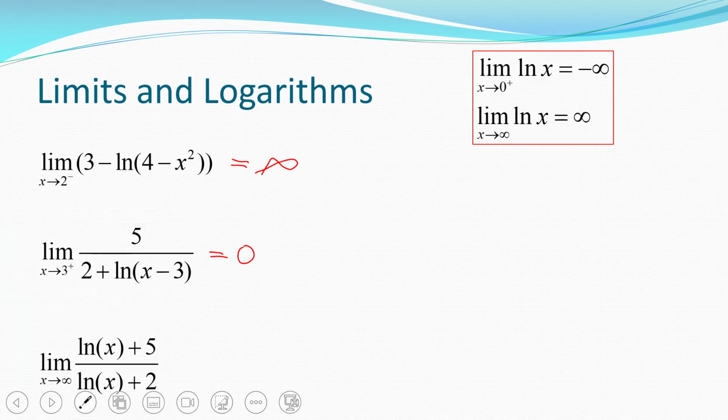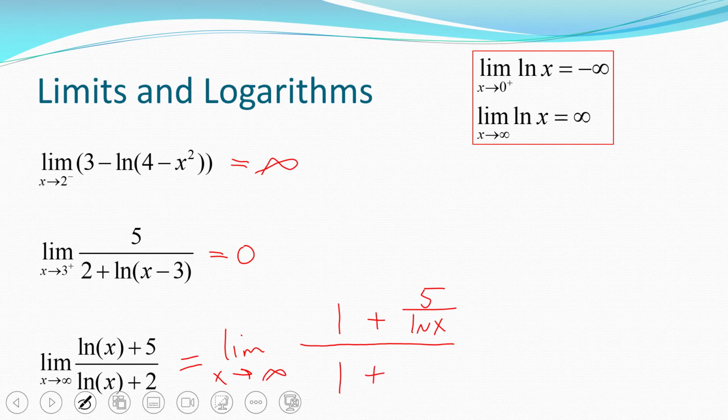The trick here is to rewrite this as the limit as x approaches infinity, and to divide everything by the term that grows fastest in the denominator. In this case, the only term that changes in the denominator is the natural log of x. Just divide everything by that. So natural log of x divided by natural log of x, 1, plus 5 divided by natural log of x, all over natural log of x divided by natural log of x, that's 1, plus 2 over natural log of x.